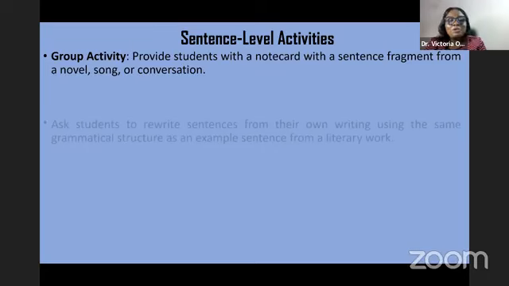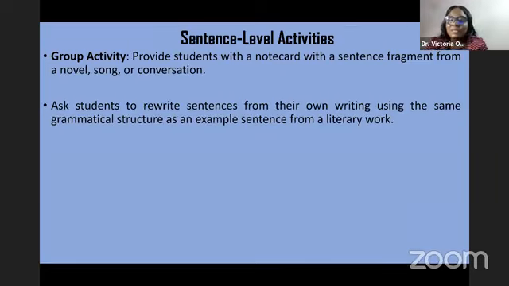Okay, so still on group activities, still on sentences, we can use group activities where we provide students with a note card with sentence fragments from a song, from a novel, or probably from a conversation, and then ask them to rewrite. So they look at the note card. What you have provided is a fragment.